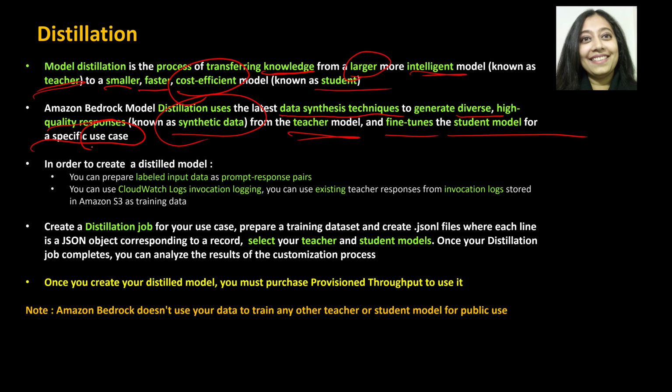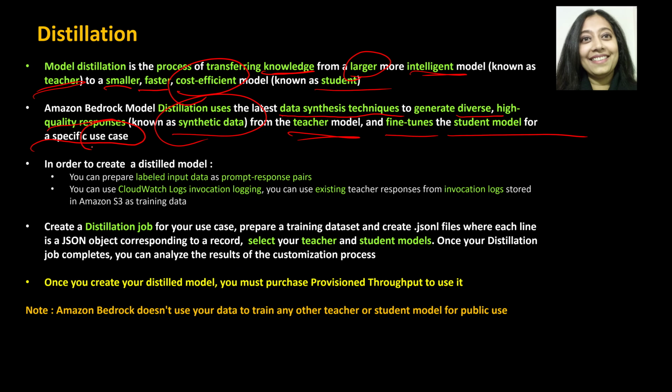Yes, you have a larger model. The larger model is intelligent, is doing its job. But what you want to achieve out of model distillation is essentially using a smaller, faster, cost efficient model to get better at a specific use case or a specific task, and thereby providing a better customer experience.